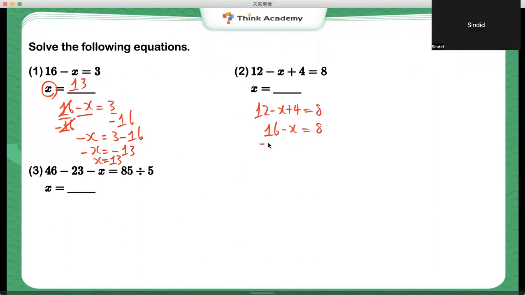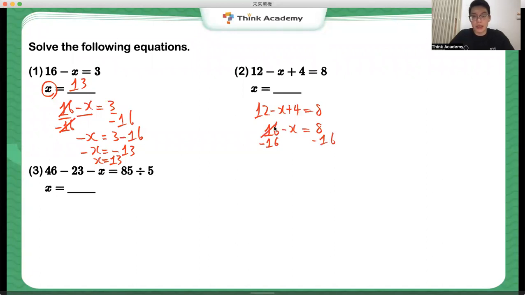So now I just have to take away 16 on both sides, such that on the left-hand side, it cancels out. And what we have left is just minus X, because we didn't cancel out the sign, so the sign stays on the left-hand side.